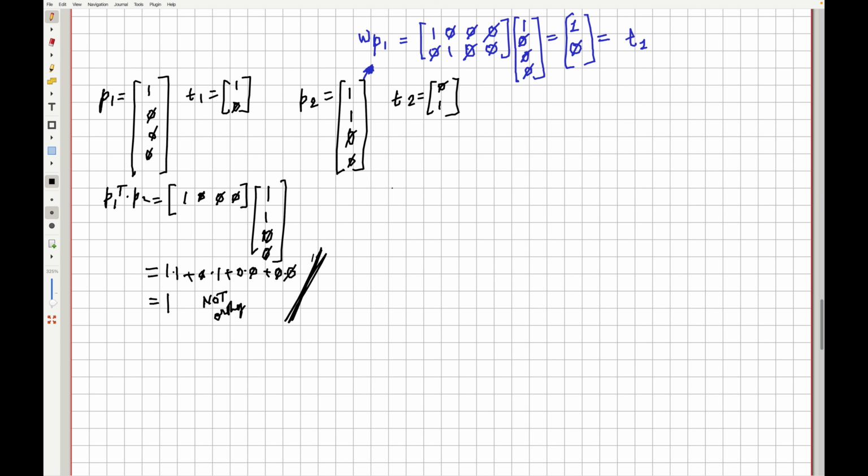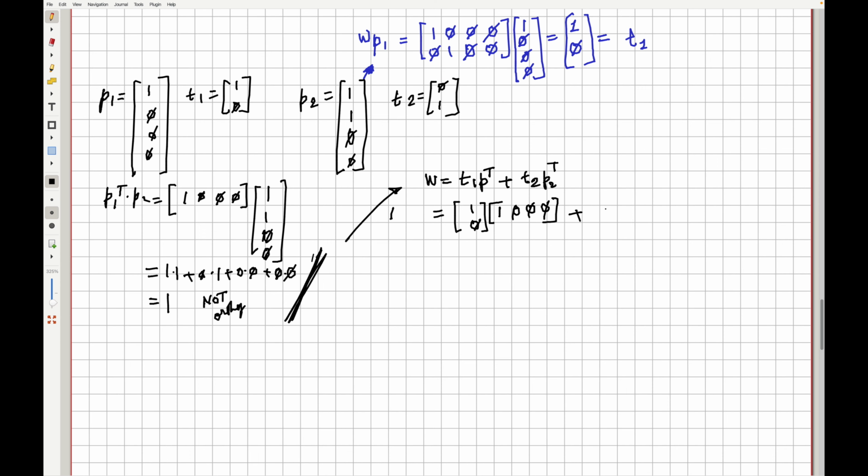So for the weight matrix, as we know, we need the following: T1 P1 transpose, the outer product of that, and T2 P2 transpose, the outer product of that. So for the first one, T1 is 1 0, and the P1 transpose, the column vector, sorry, we can simply write as 1 triple 0.